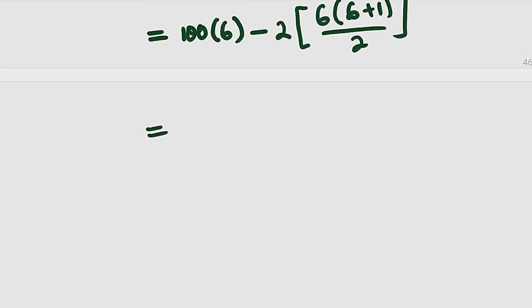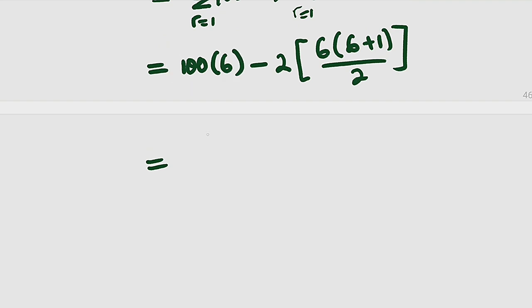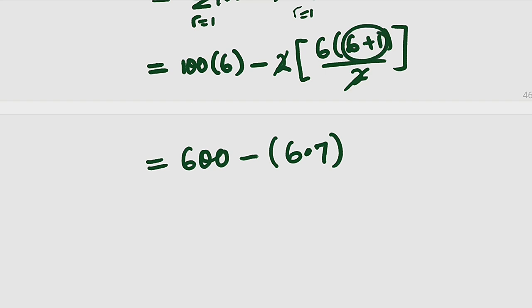So this is the same thing as 100 times 6, that is 600, minus this 2 here will cancel with this 2, right? Because we are multiplying. So we only have minus 6 times 7, because 6 plus 1 is 7, and we have 6 multiplying 7.